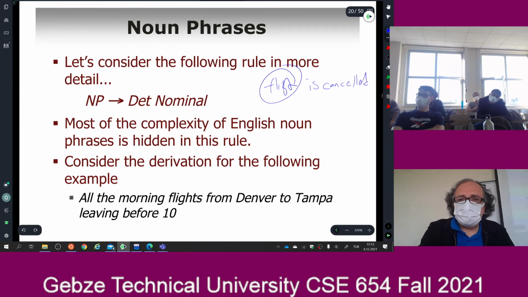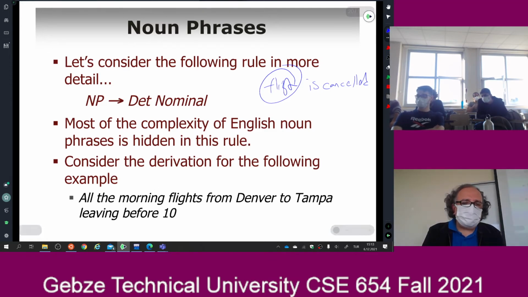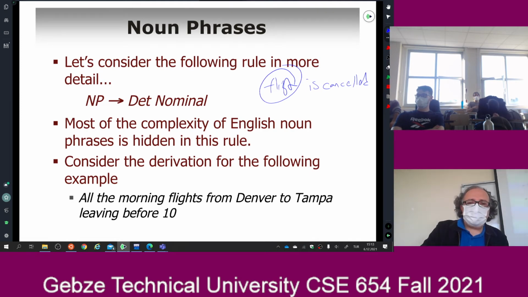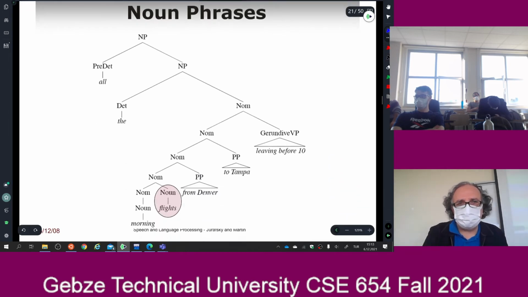Instead of "flight," I can put this in there because it's a noun phrase. "All the morning flights from Denver to Tampa leaving before 10 are cancelled," but let's ignore that agreement thing for now. So it can get very complicated, but context-free grammars are powerful enough to parse these kinds of complicated things, and that's the parse tree.